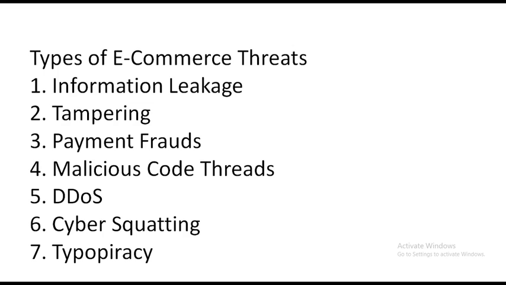This is the first type of information leakage. The second is that the document provided by the merchant to the customer, or vice versa, is illegally used by another person. That is the second type of information leakage.